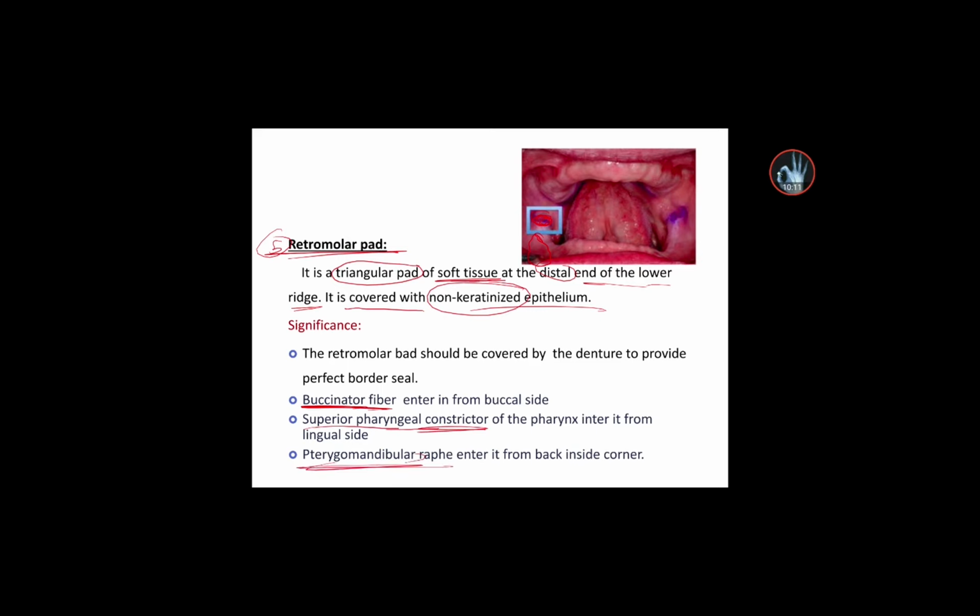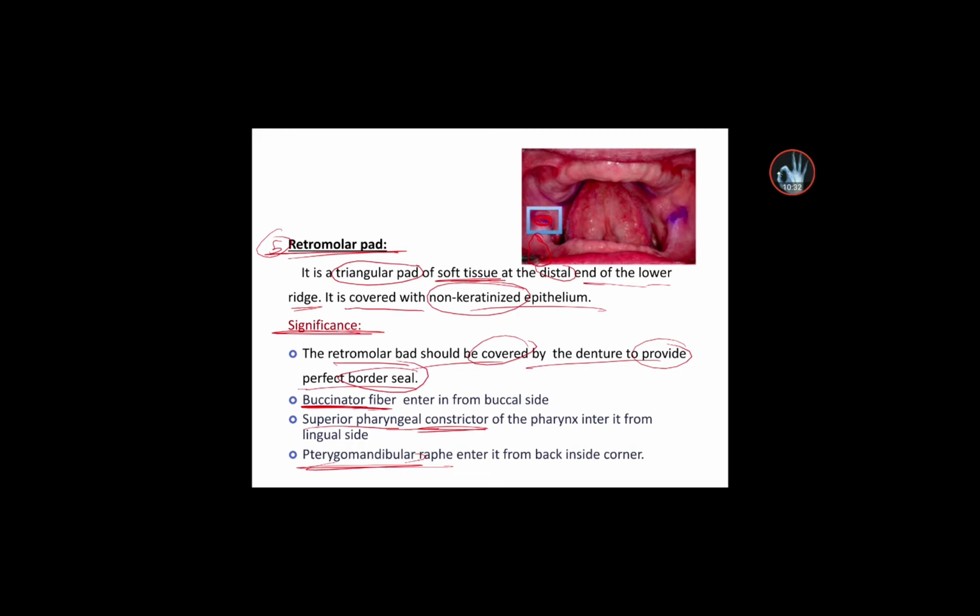These three muscles cross on the retromolar pad. So let's see the significance or the importance of the retromolar pad. أهميتها. The retromolar pad should be covered by the denture to provide a perfect peripheral or border seal. لازم تغطى في الدنشر.